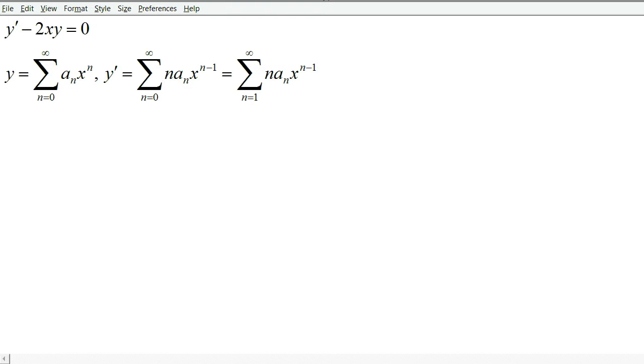So I assume that this is the background knowledge that you have, and that the only trouble that you probably have is the long process of combining multiple series with different starting indices and with different powers of x together as a single series where all of the powers of x are n and all of the starting indexes are the same. They don't have to be 1 or 0, they just have to be the same.